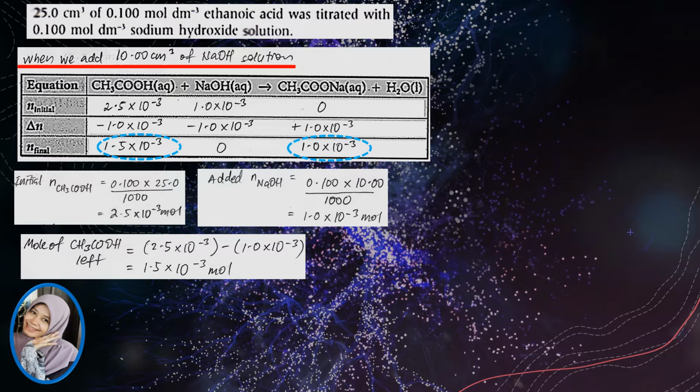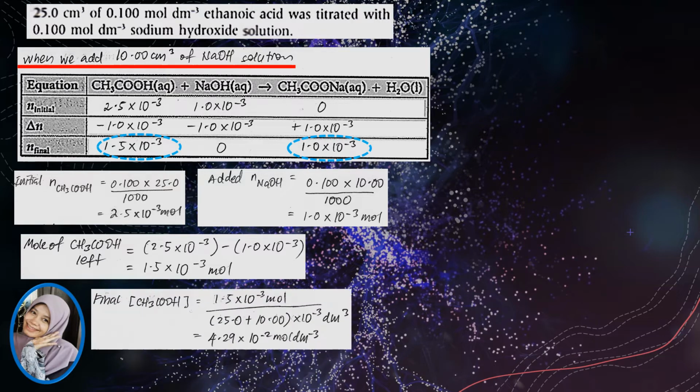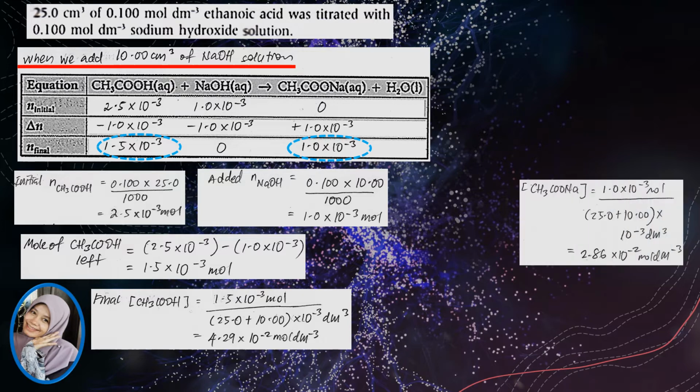From stoichiometry of the reaction, we can see that ethanoic acid is the excess reactant since sodium hydroxide is completely consumed in the reaction. Thus, the concentration of ethanoic acid is 4.29 times 10 to the negative 2 molar, and concentration of sodium ethanoate salt is 2.86 times 10 to the negative 2 molar.